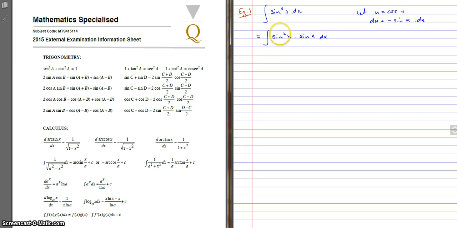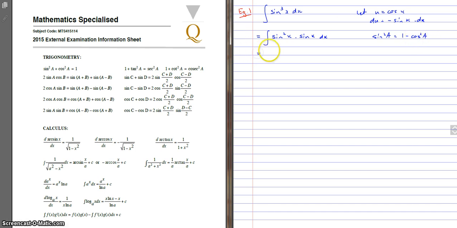Okay, now if we have a look over here at our basic Pythagorean identity, sine squared a plus cos squared a equals 1. If we rearrange this so that we have sine squared a as our subject, then sine squared a is equal to 1 minus cos squared a, and that's what we need to use here.